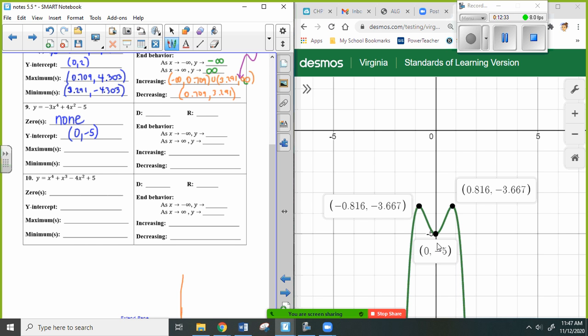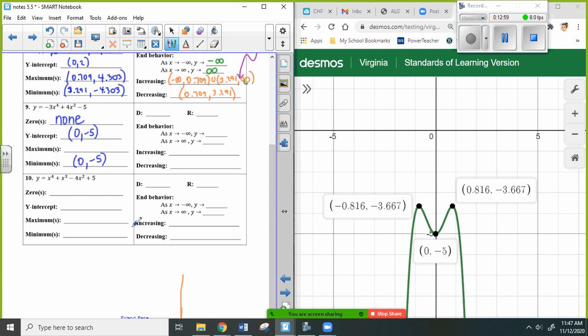So it's a y-intercept, but what else is it? All right, yes, lots of you. That is also a minimum. Because it's at the bottom of a curve, right? It's at the bottom of a turn. So we're going to put that point on the minimum line.